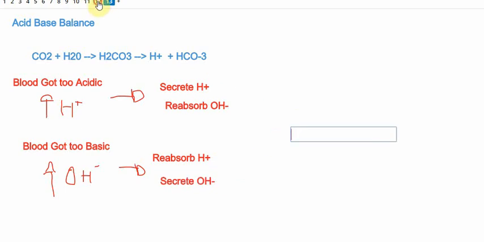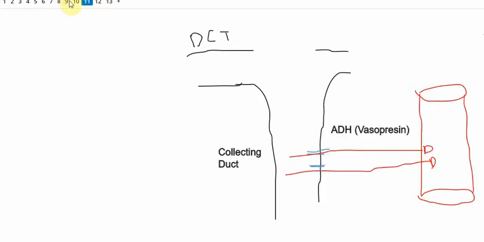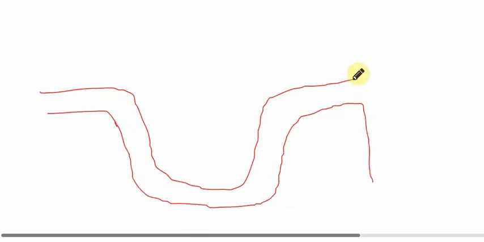Just one last thing that I didn't really talk about was, just right here. We know this was our proximal convoluted tubule, loop of Henle, distal convoluted tubule, and our collecting duct. So I said I'd come back to this and talk about why.